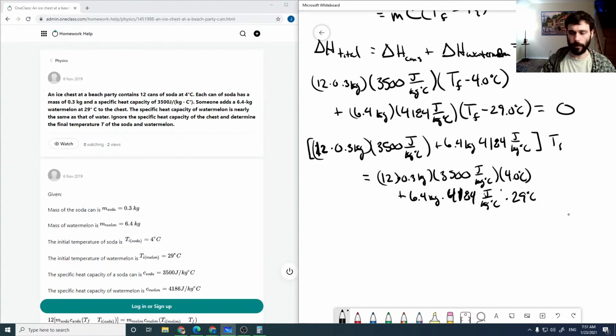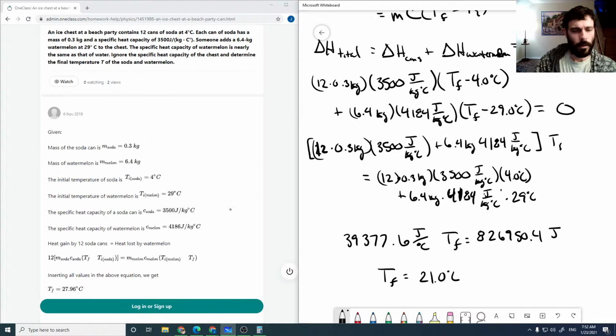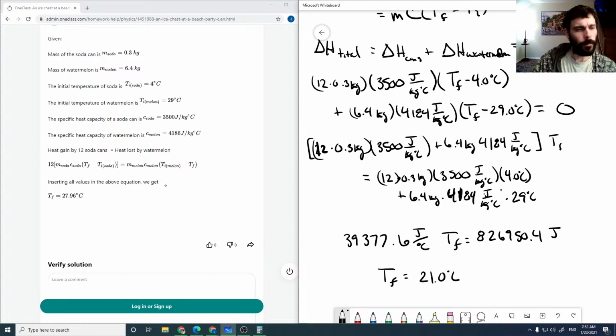So if we calculate these values, this comes out to be 39377.6 joules per degree Celsius TF is equal to 826,950.4 joules, or TF is equal to 21 degrees Celsius. Okay, so we check the solution here.